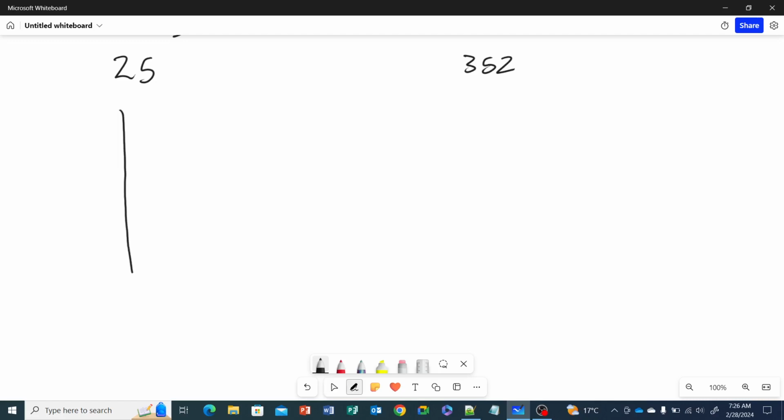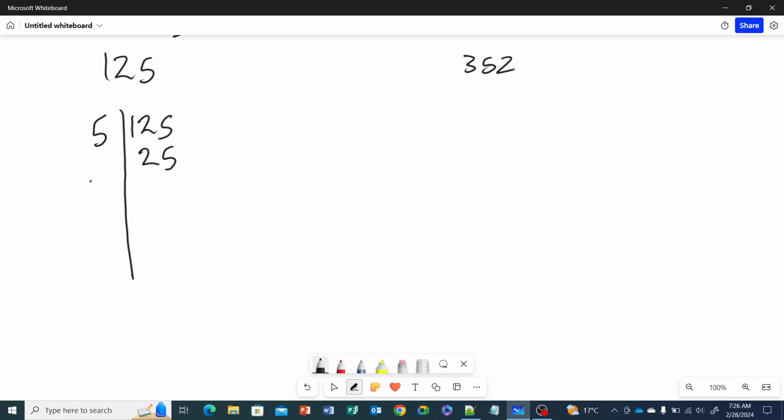So finding the prime factors of 125. So 125 is divisible by 5. Let me correct that, it's not 25, guys, it's 125, okay? But still, the lowest divisible number is 5. So 125 divided by 5, we will have 25.